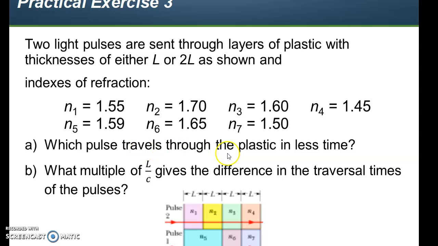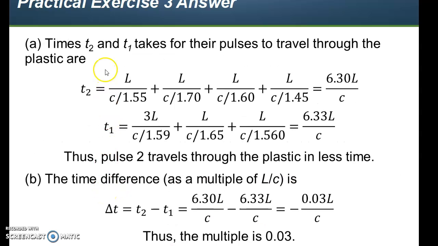Which pulse travels through the plastic in less time? And what multiple of L over C, the length over the speed of light, gives the difference between the transversal times of the pulses? So taking times T1 and T2 takes their pulses to travel through them.